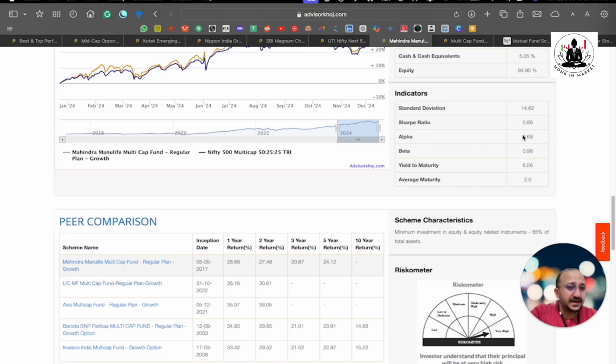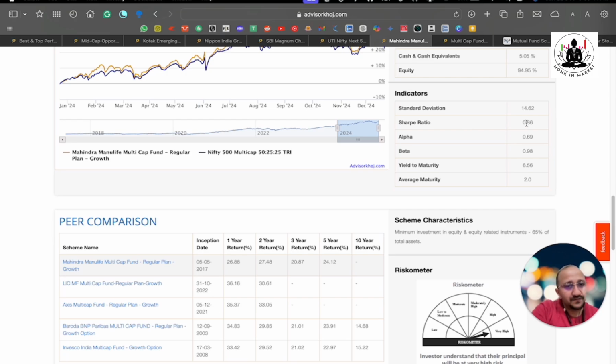If this alpha is greater than 1 or it's 1, it's good, guys. Sharpe ratio is better. Sharpe ratio is the better outcome of the calculation of alpha itself, right? What Sharpe ratio means is how much risk you have taken for better returns, how many units of risk you have taken for 1 unit of profit.